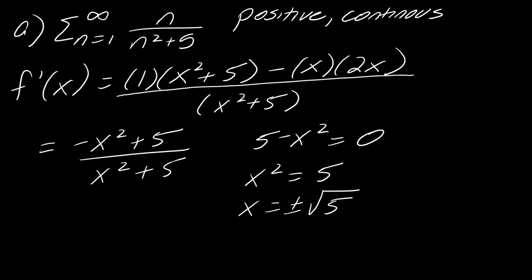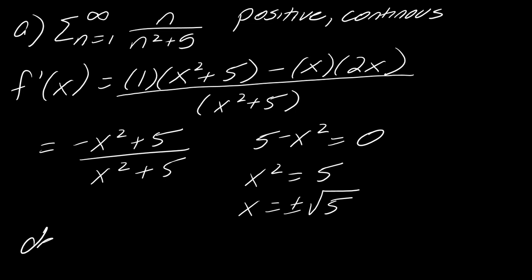If you just think about this now, 5 minus x squared, anything larger than the square root of 5 is going to end up being negative. So if I plugged in, say, the square root of 6, I would get 5 minus 6, that would be negative. So we need this derivative to be negative.